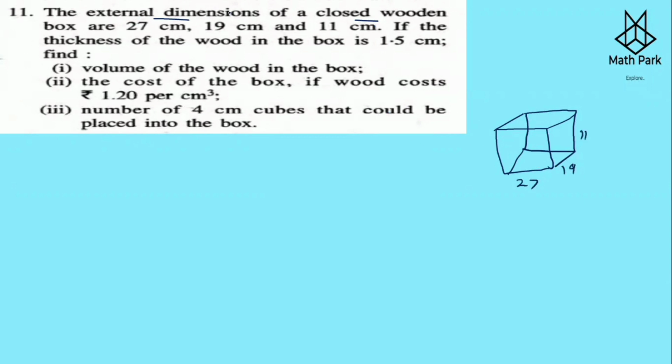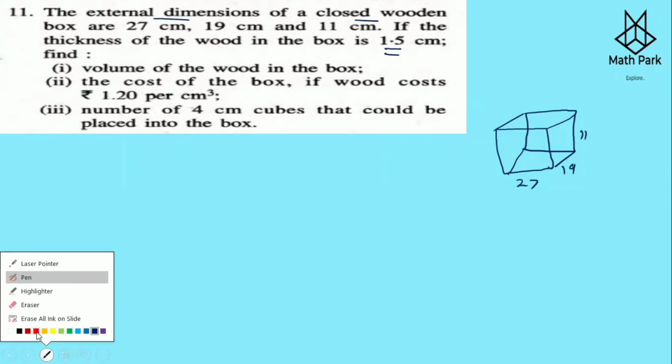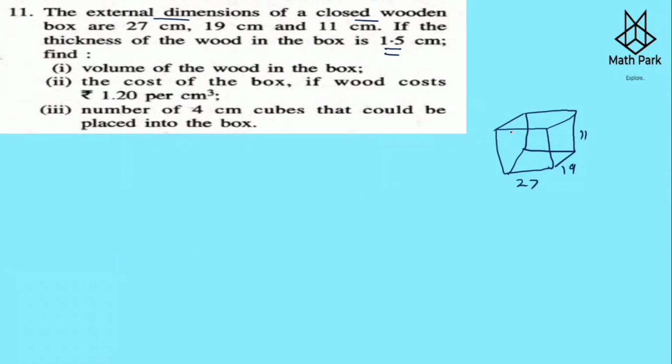And if the thickness of the wooden box is 1.5 centimeter, you have to find the volume of the box, that means the wood which is being used. So there is another box inside somewhere like this, and the thickness is given to you as 1.5.